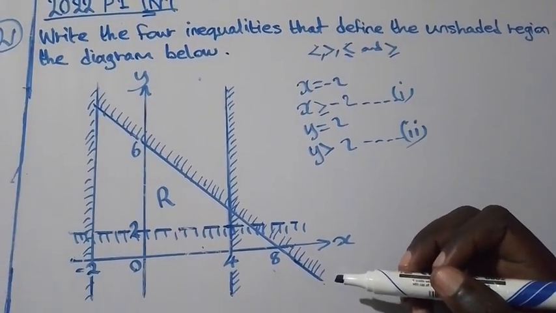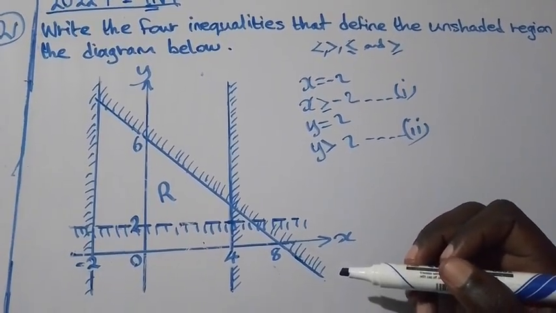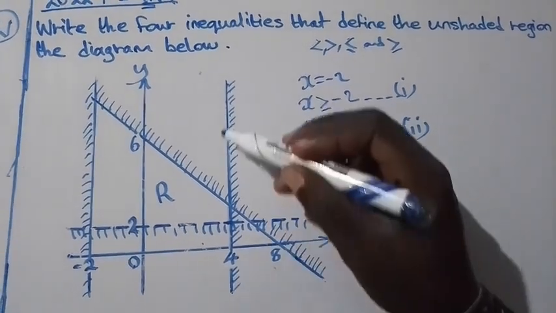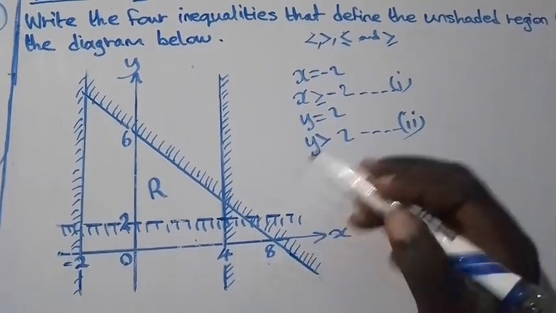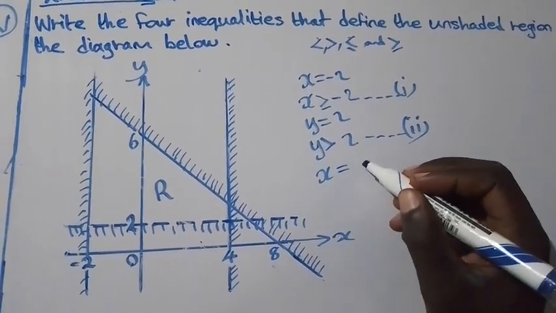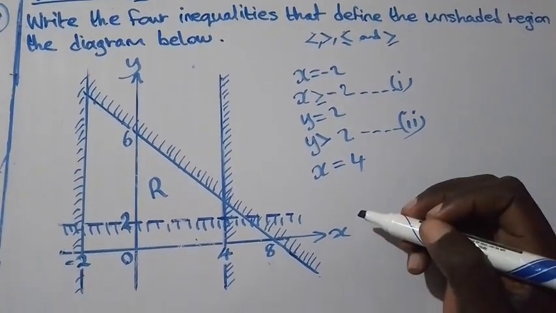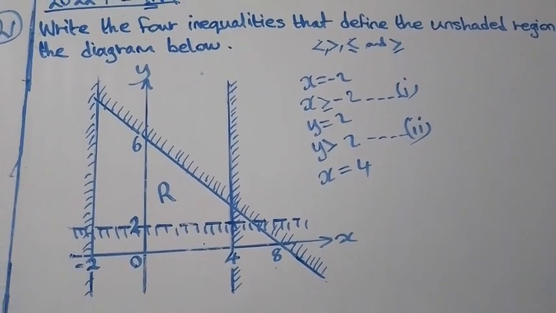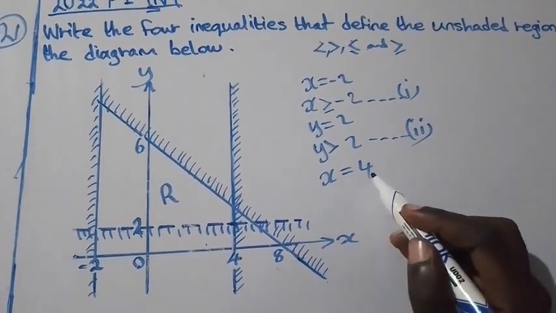Okay, we go to another inequality which seems to be direct. This inequality is x equal to 4. This is the equation x equal to 4.